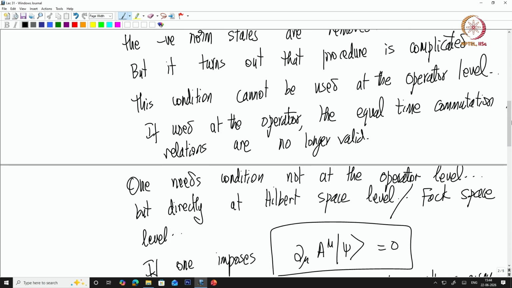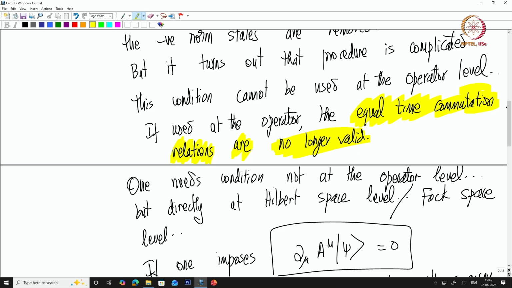Now, if you directly impose it on the operator level, that means at the Lagrangian level, then your equal time commutation relations are no longer valid. So, this is an issue essentially.